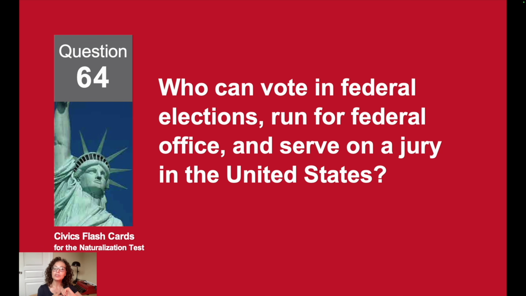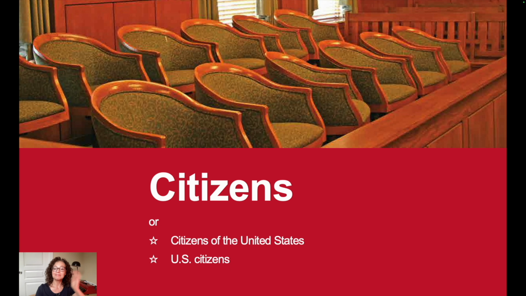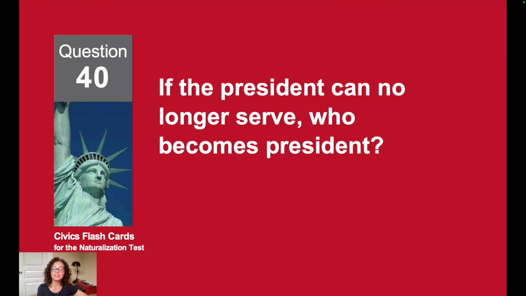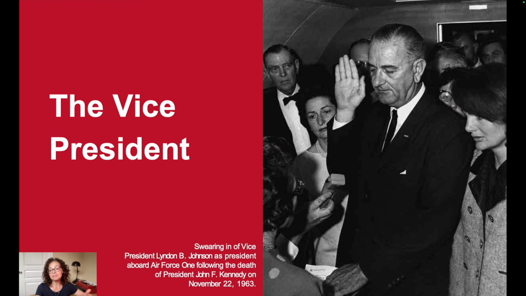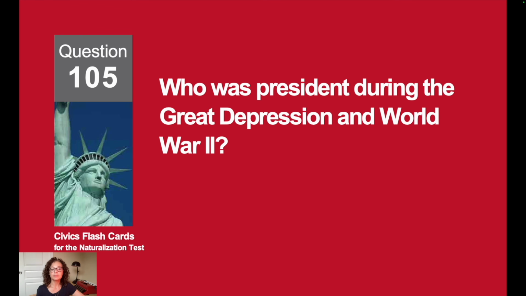Who can vote in federal elections, run for federal office, and serve on a jury in the United States? Citizens. If the president can no longer serve, who becomes president? The vice president.